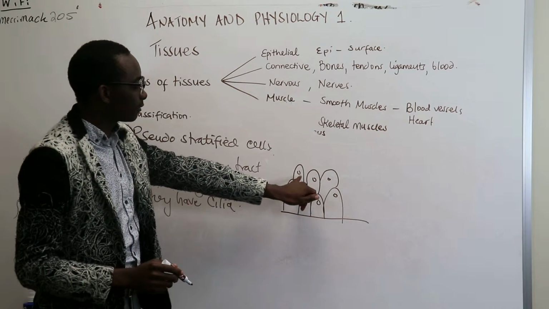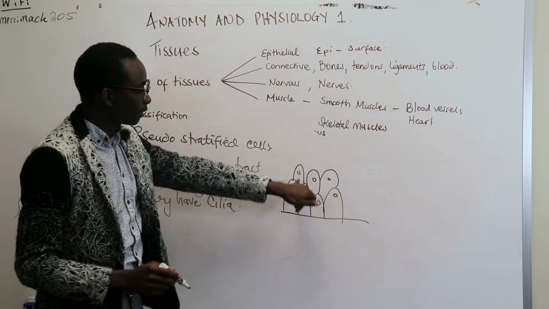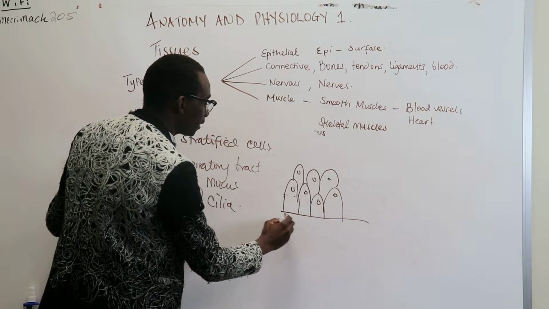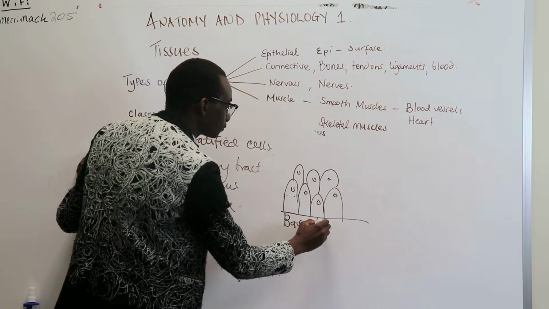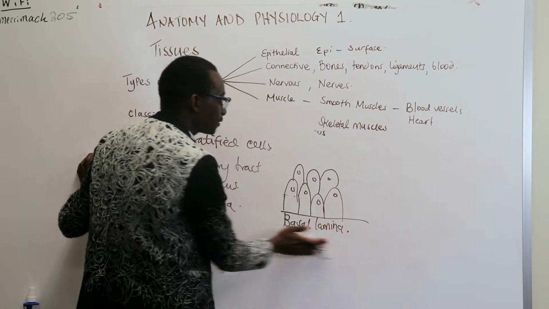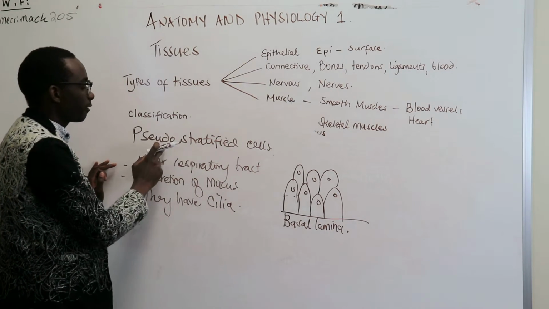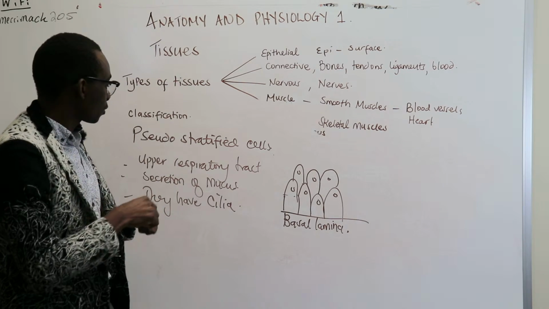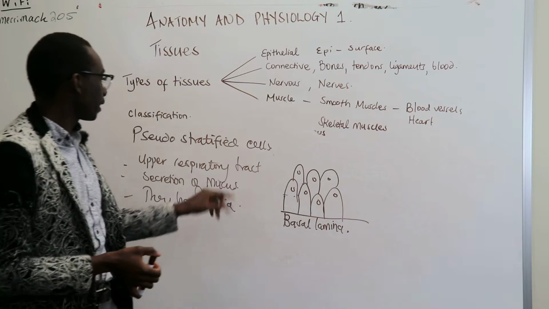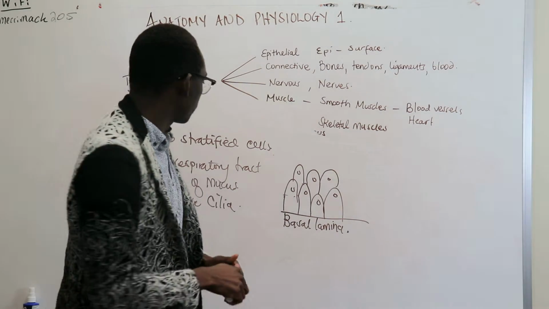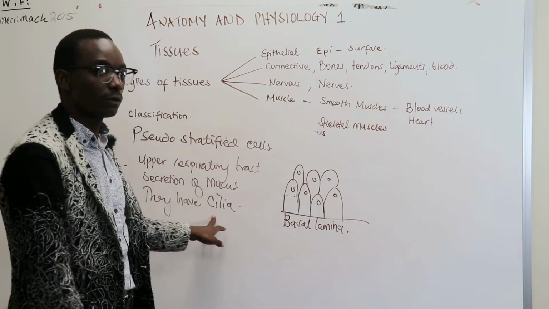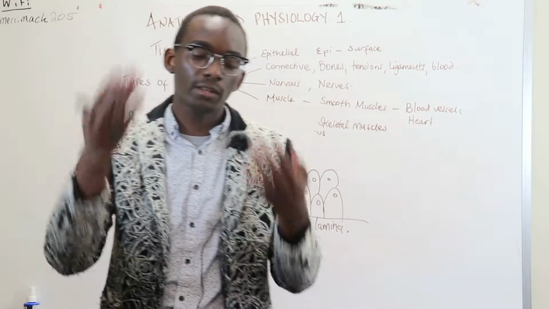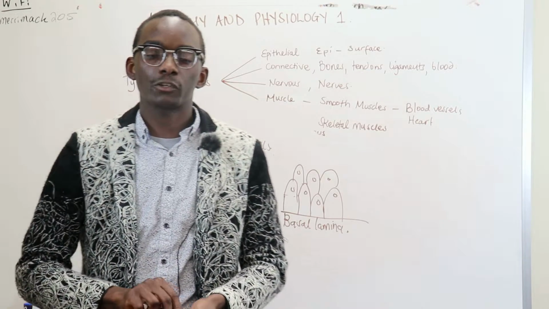And some of them, their nuclei do not reach the basement or the basal lamina, hence giving them the name pseudo, because they look like stratified, but it's not true, they are false. These are mostly found in the upper respiratory tract, and they have a function of secretion of mucus, and also have cilia which help to beat the mucus upwards until it goes out of the upper respiratory system.